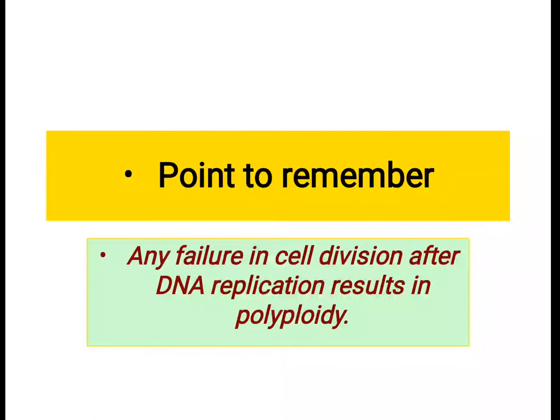So now one thing: we always say DNA and DNase. The difference is that DNA means the genetic material, and DNase means the enzyme involved. So that is the point to be remembered.